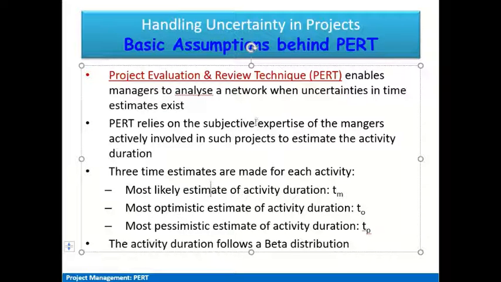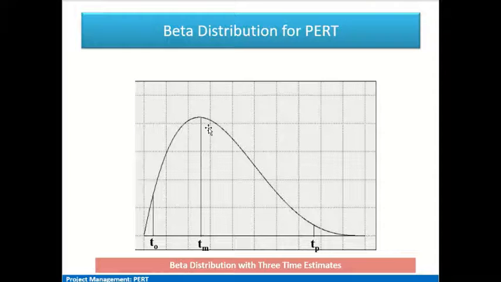Now the activity duration is assumed to follow a beta distribution. That is also an assumption, that there will be a beta distribution for the three time estimates of T optimistic, T most likely, and T pessimistic. As we can see, it is a skewed distribution. Beta distribution is not like a normal distribution, which is a bell-shaped uniform curve.